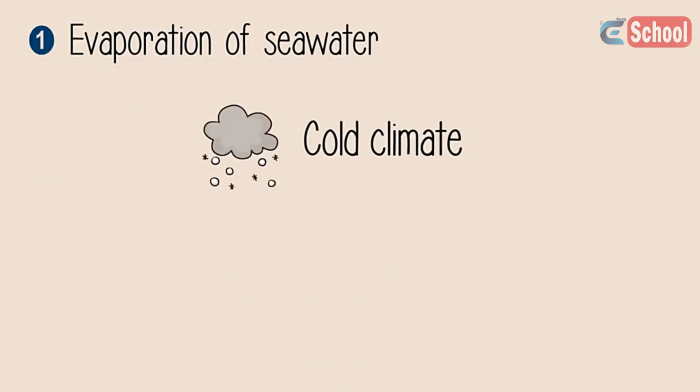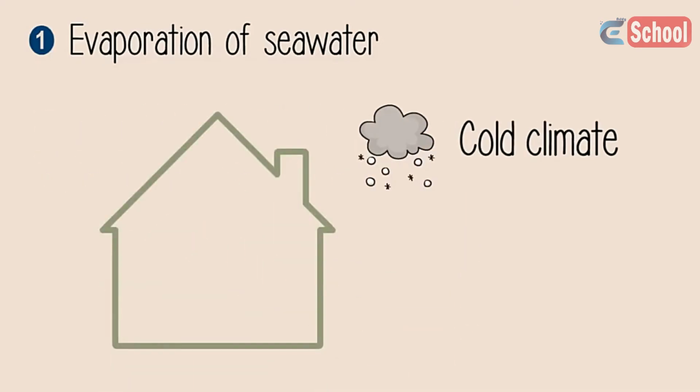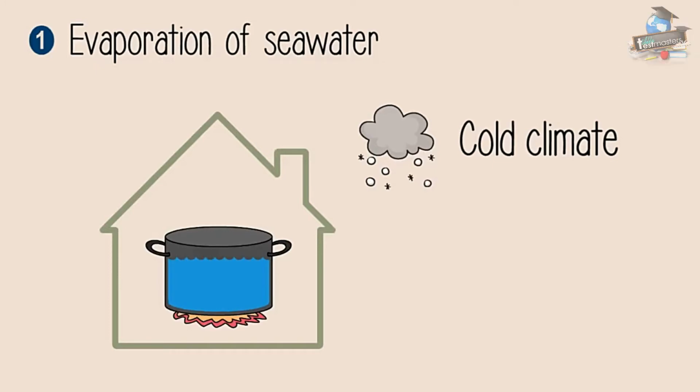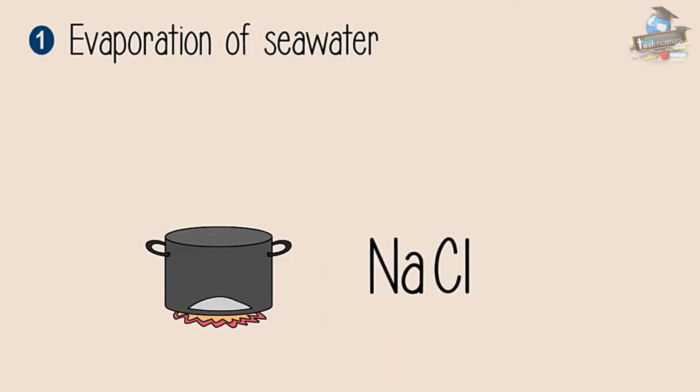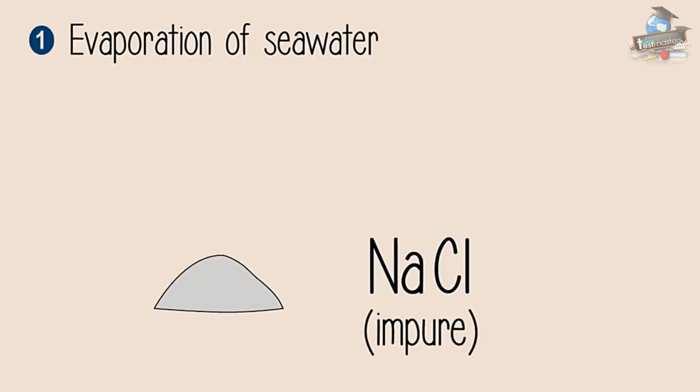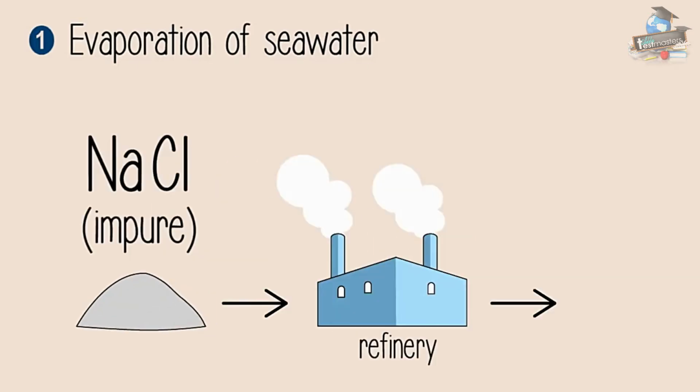In cooler climates, seawater can be brought indoors and boiled so that most of the water evaporates, leaving behind mostly sodium chloride. Of course, the sodium chloride left behind is not 100% pure. It still needs to be refined industrially to remove as many impurities as possible.